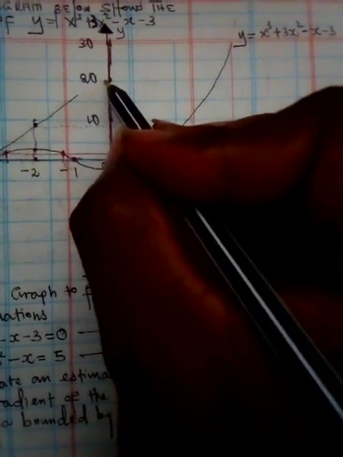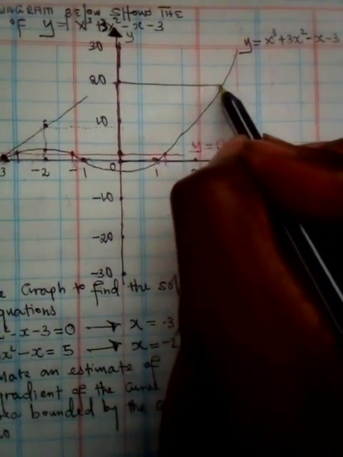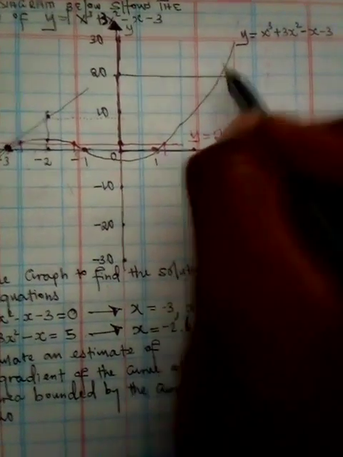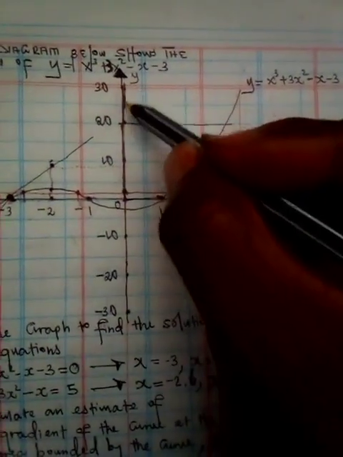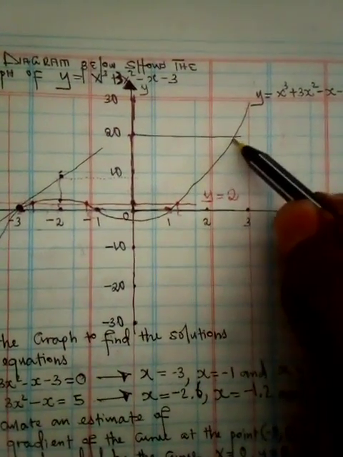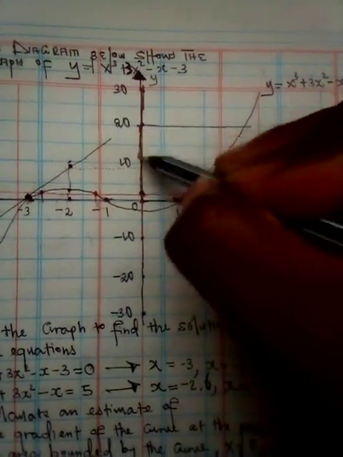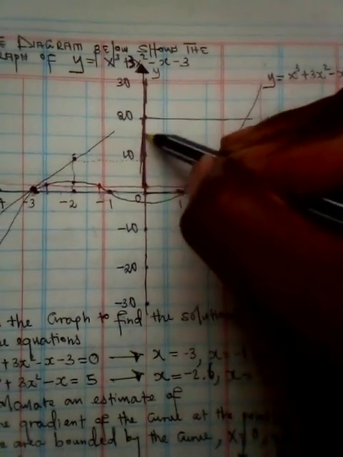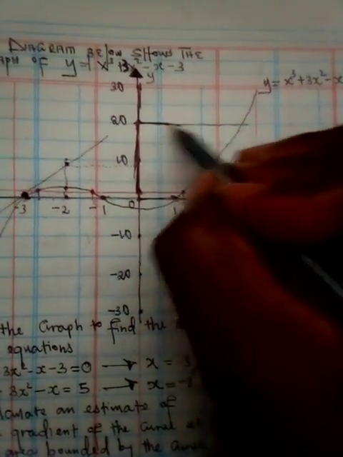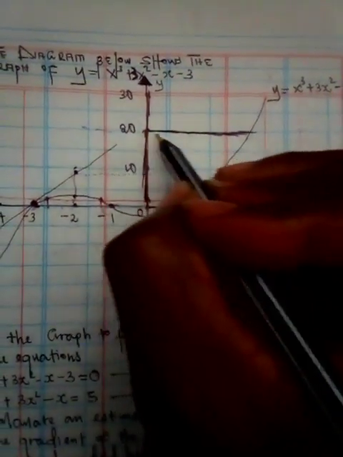Y is equal to 20 is this line here. So this one, and also the curve, this one. This is the area they're talking about. This one here. Remember, y is equal to 20 is this line.